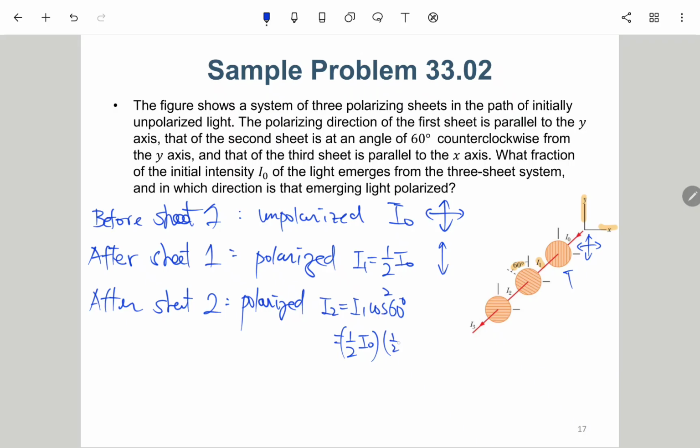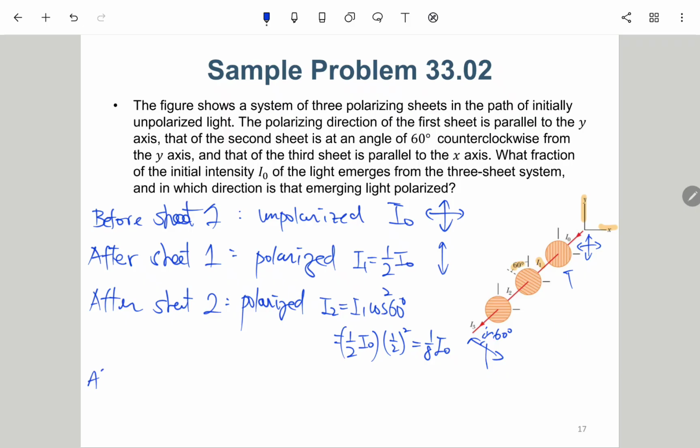So 1/2 squared, it turns out to be 1/8 I0. Also makes sense. And this is 60 degrees counterclockwise to the y-axis, something like this.